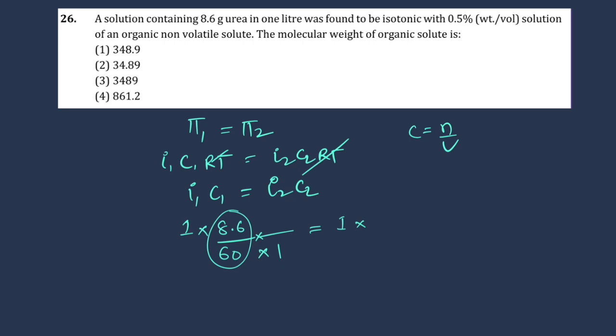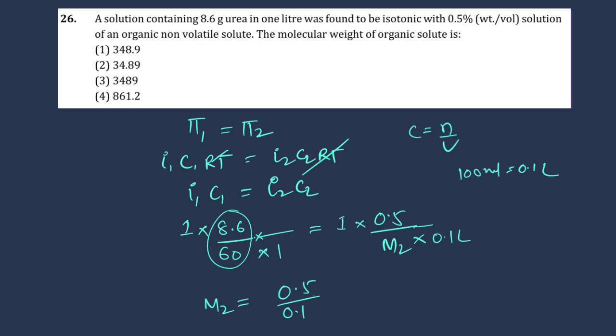And then the concentration, how much is given? 0.5 gram weight, and this molar mass we have to find out, M2, and the percentage is given, meaning 100 ml. So 100 ml is equal to 0.1 liter, therefore 0.1 liter. So after solving this, you will get M2 is equal to 0.5 by 0.1, and next multiply 60 by 8.6.